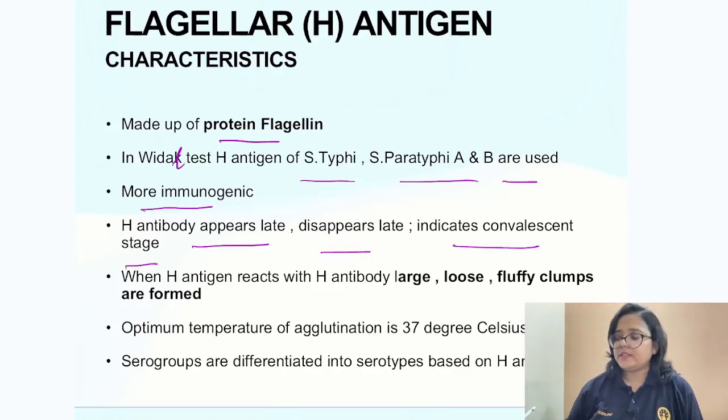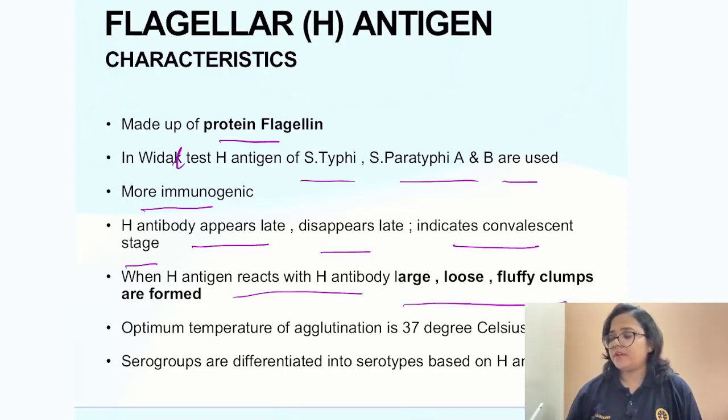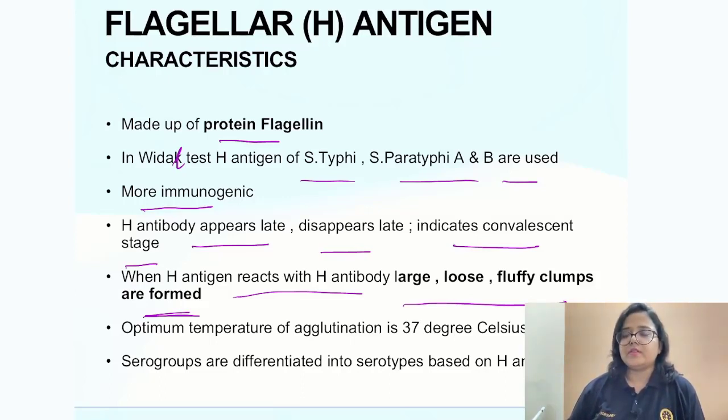When the H antigen reacts with the H antibody, large, loose and fluffy clumps are formed, in contrast to the compact granular clumps formed when the O antigen binds with the O antibody.